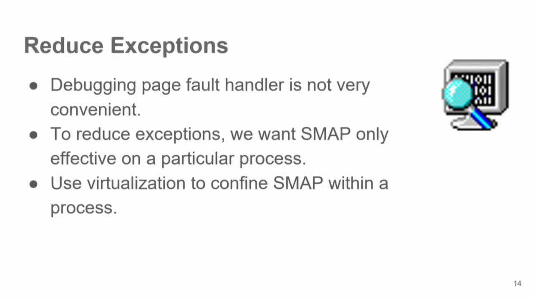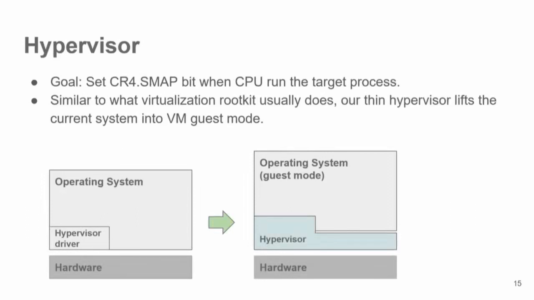So we need to heavily reduce exceptions to be able to debug the whole thing. And we want to debug one process at a time, not the whole system altogether.